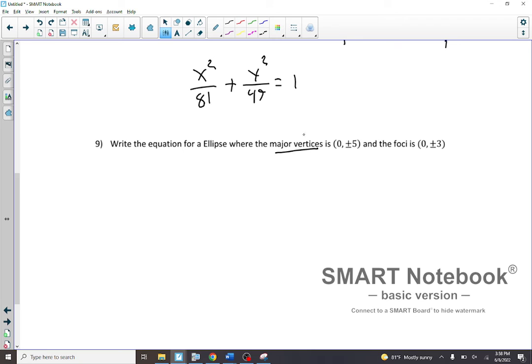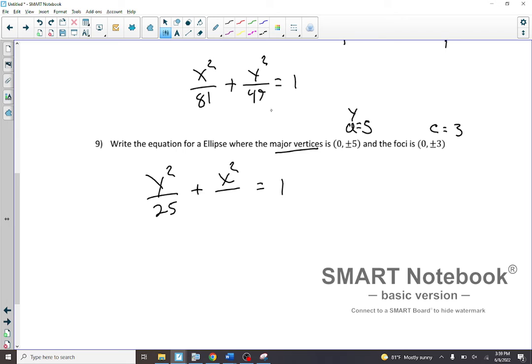Here, the major vertices are plus or minus 5, so the a value is 5. Also, it's on the y. And then the foci, the c value, is 3. So I have y squared over 25 plus x squared over something.